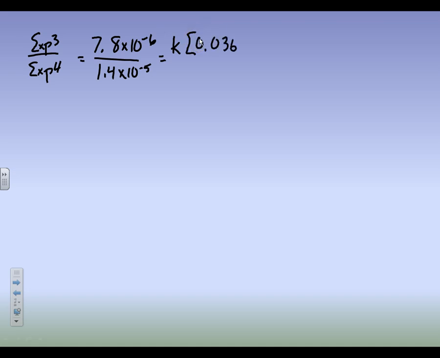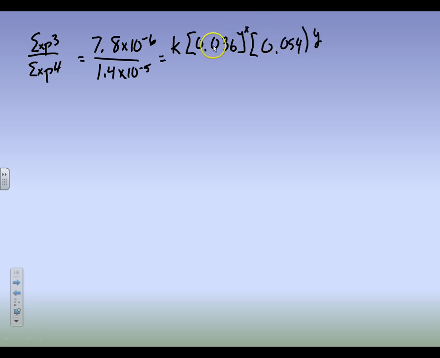So I'm going to do a 3 over the 4. My rate's 7.8 times 10 to the negative 6th divided by 1.4 times 10 to the negative 5th equals k times 0.036 to the x, and 0.054 to the y.